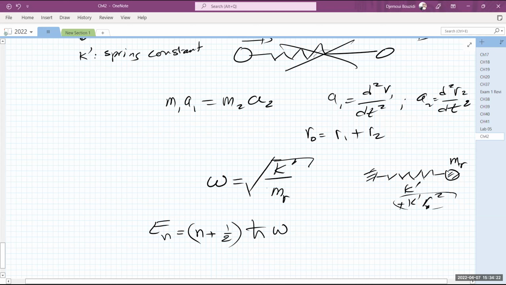So if I know somehow the strength of the interaction of these molecules, I can find their vibration energy, even for n equals 0. So n equals 0, 1, 2, and so on. So the energy for the harmonic oscillator is going to be quantized, and the units of quanta are going to be h bar omega.